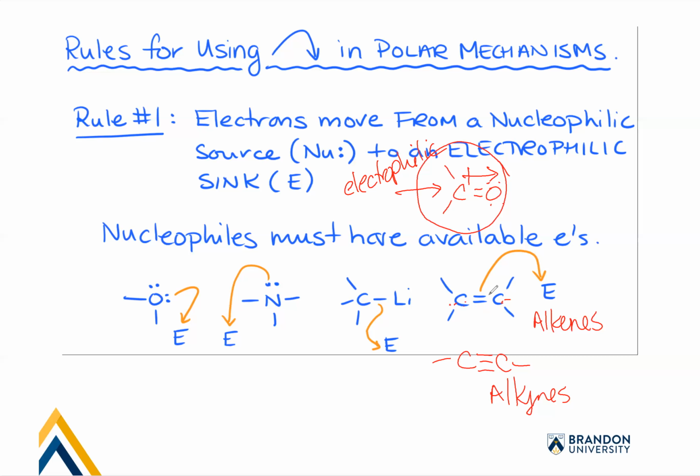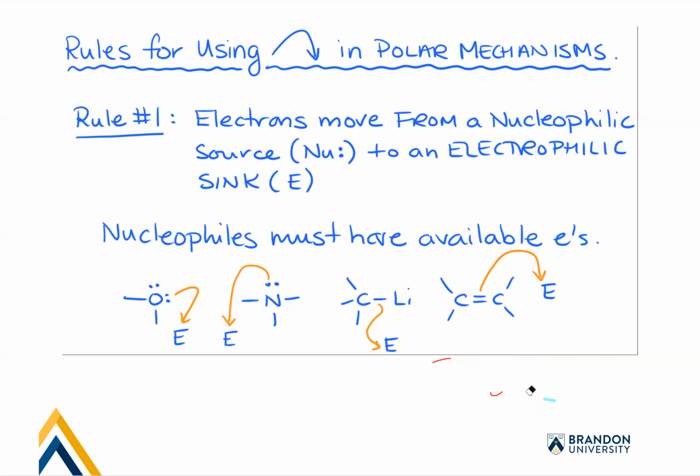Their chemistry is very different because they can attack electrophiles, whereas this carbon itself is an electrophile. So it's completely different chemistry. We'll see this with alkenes and alkynes in the coming days, I suppose.